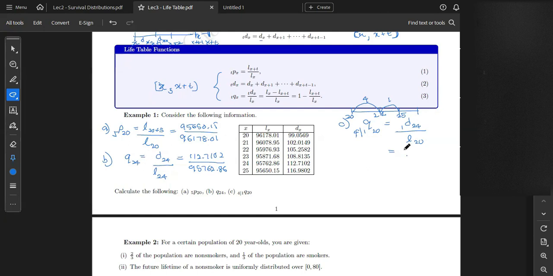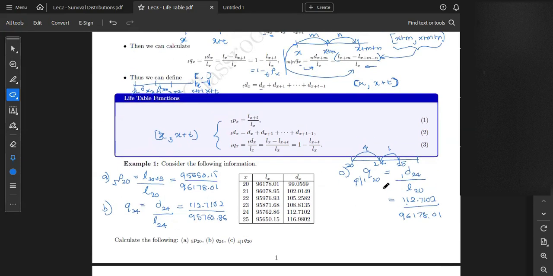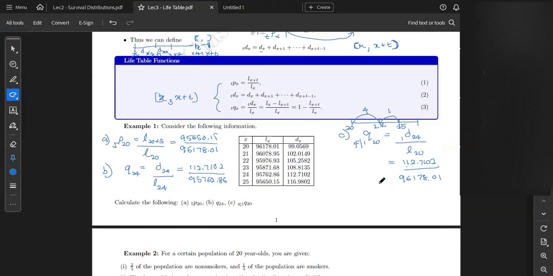So the number of deaths during that interval is the same as the numerator we used for part B, but for the denominator it's L20, 96178.01. That is how we can use these three equations directly and get the values.